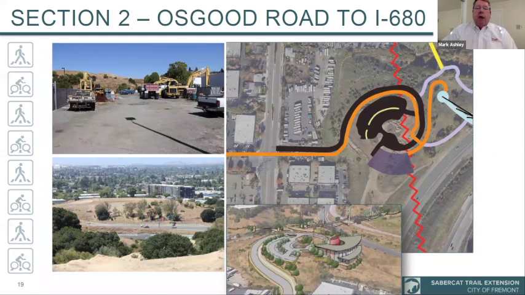After crossing Osgood with that protected intersection, the path will parallel a future access road for motorized vehicular traffic and go over into the site of the future museum. Once again, this is from the scoping report.